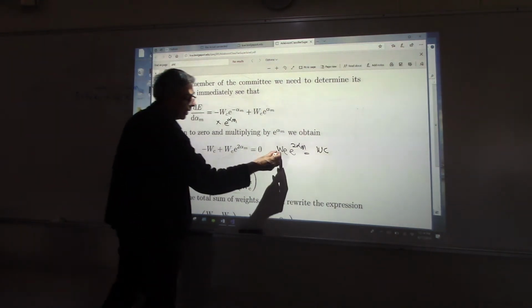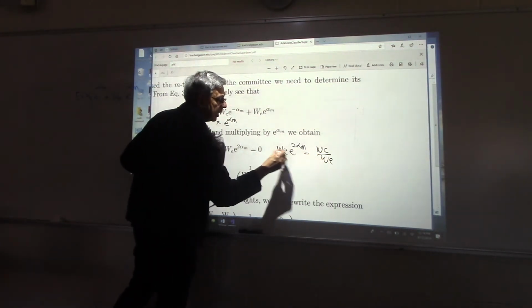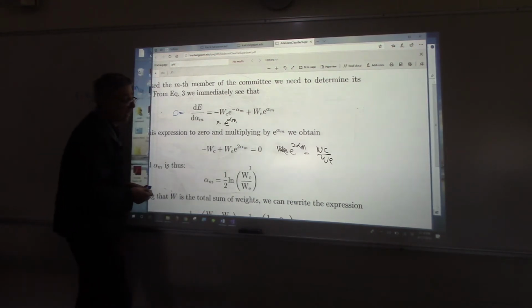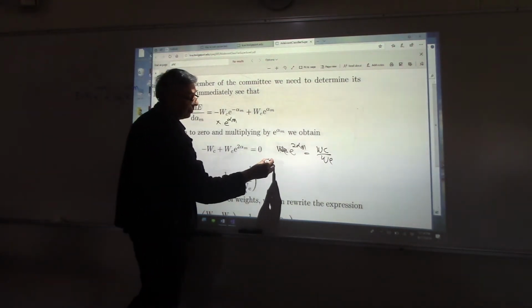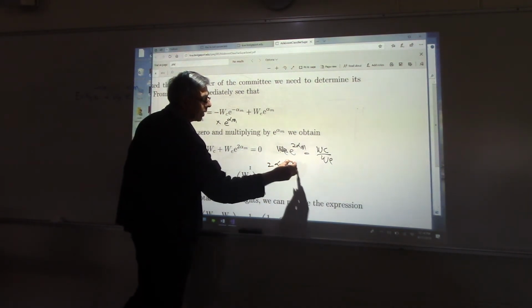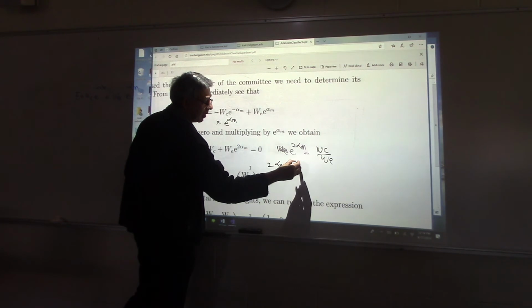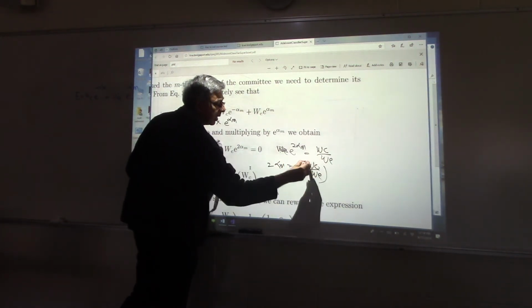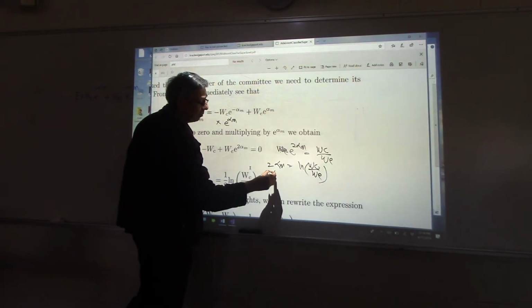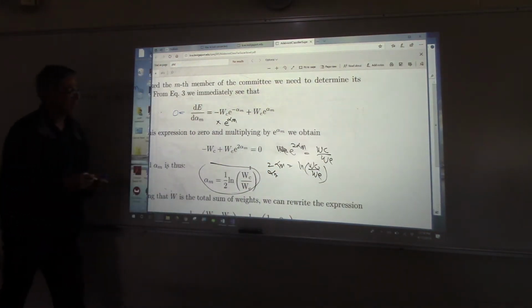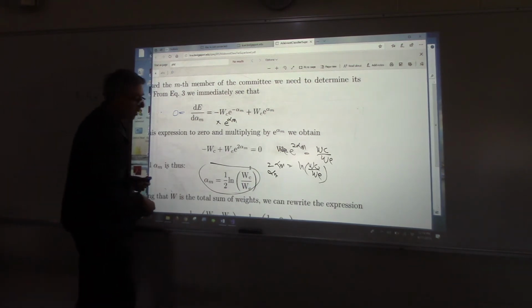So e to the 2 alpha m equals WC over WE. Then if I take the log of both sides, 2 alpha m equals log of WC over WE, and alpha m becomes one half of that log.